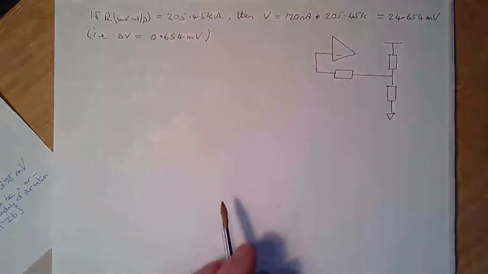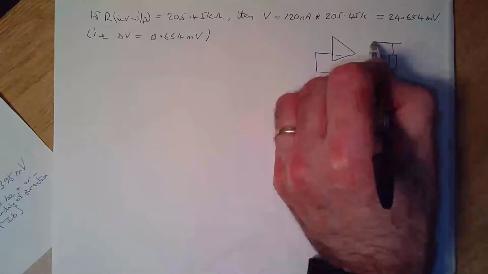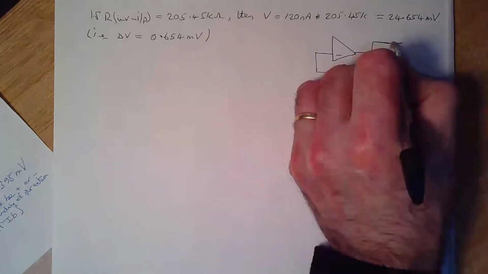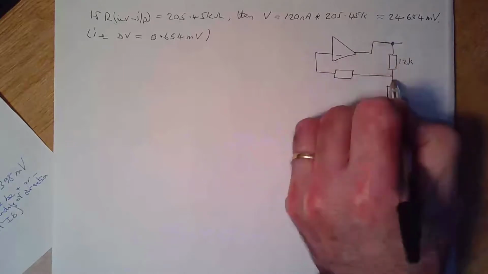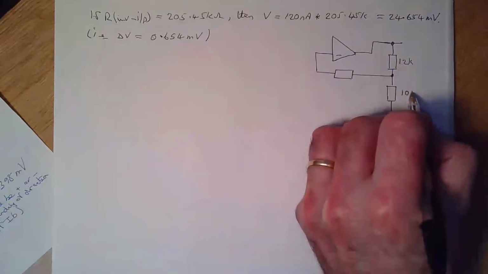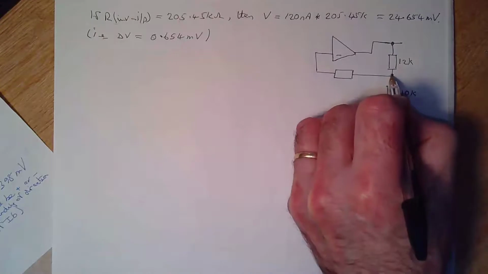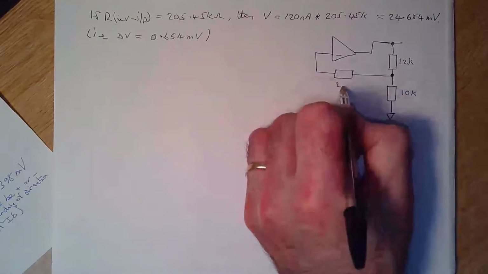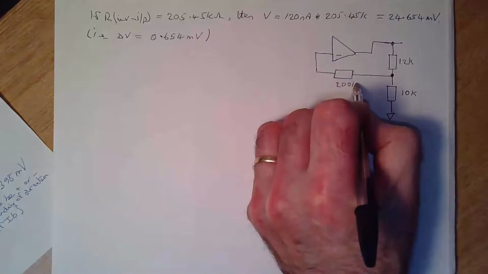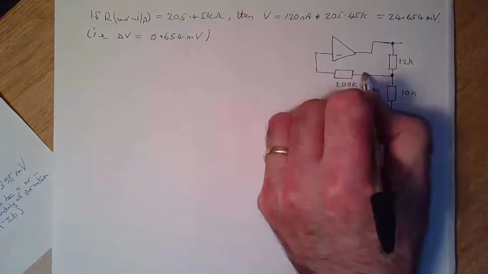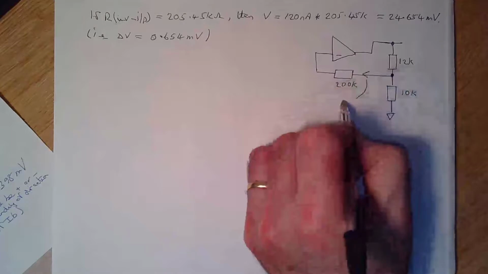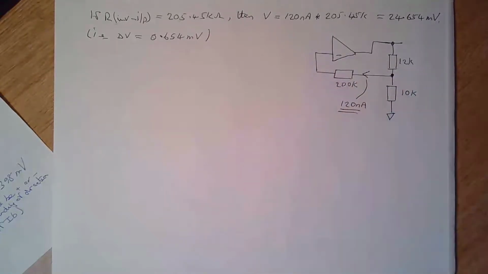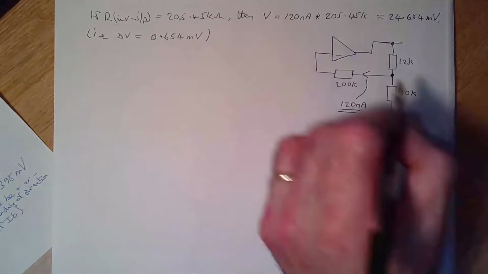If we consider what's actually happening in the circuit, we have the output of the amplifier driving the 12k resistor, which is connected to the 10k resistor, and the common point is connected to the Rx, now 200 k ohms, and we have a current flow of 120 nanoamps due to the bias current of the amplifier up here.